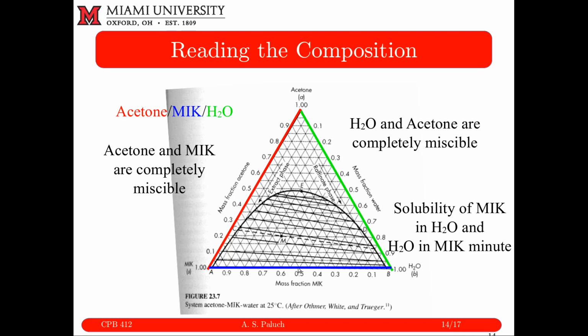This tells me I'm going to get phase splitting, and here my plait point is just my bottom axis, where I'd have a liquid of this concentration, which is almost pure MIK, in equilibrium with a mixture of this concentration, which is virtually pure water. So MIK and water are partially miscible, but in this case, they're virtually immiscible. And essentially, I want a diluent and a solvent that really don't like each other, right?